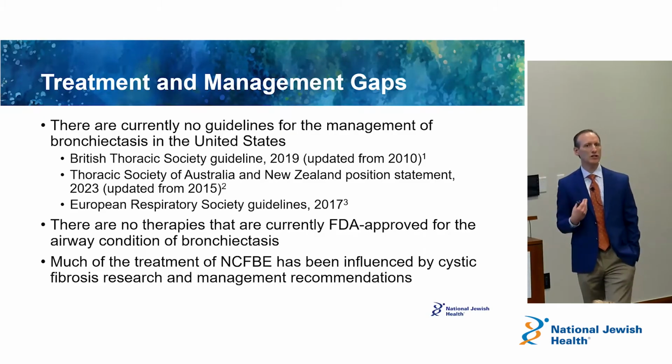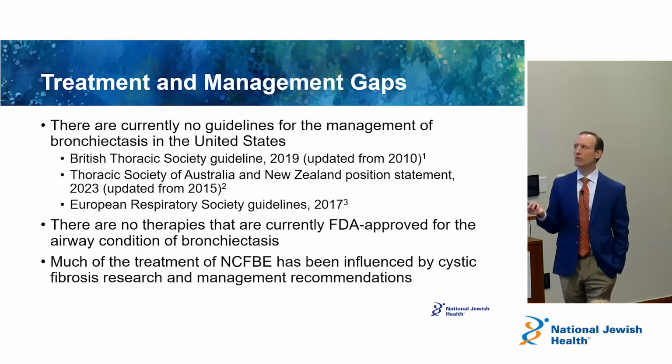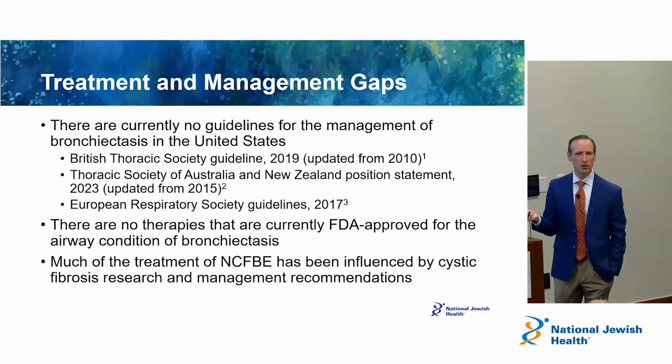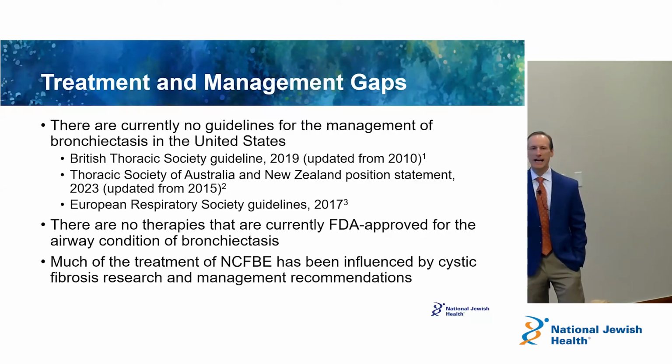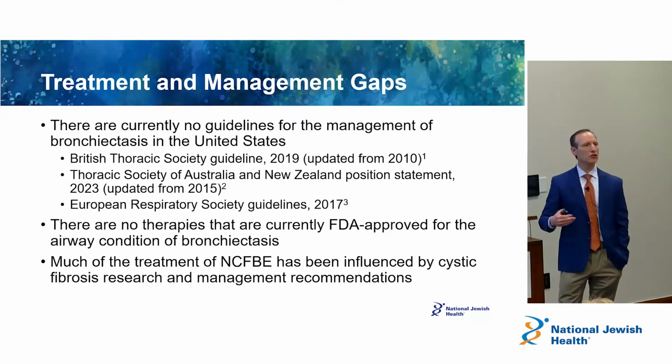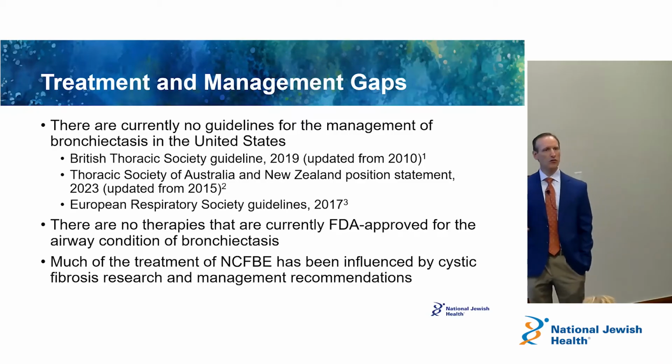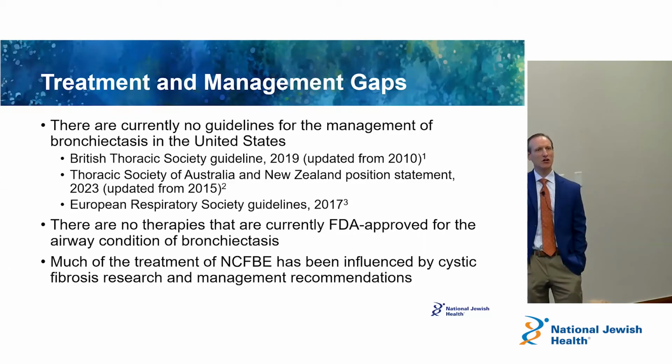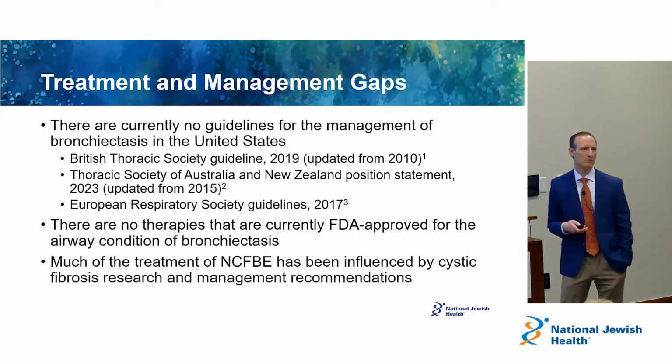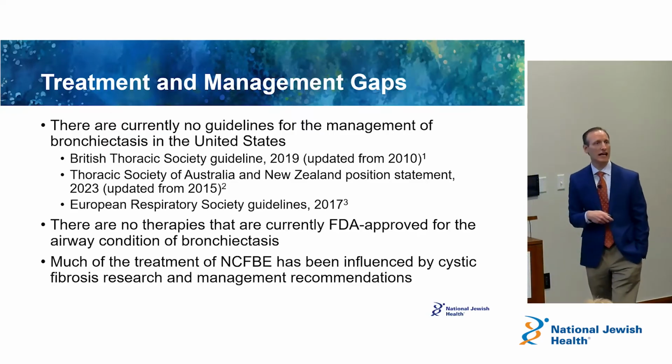But a lot of what we do is geared either from the European guidelines or from the data or the information we've learned from our cystic fibrosis patients. And hopefully, as we get further and further along, more and more therapies for specifically non-CF bronchiectasis are being developed, and they're being studied, and we'll highlight that on the last slide.